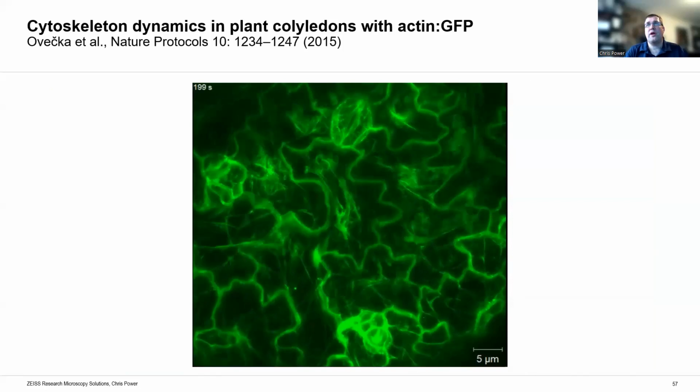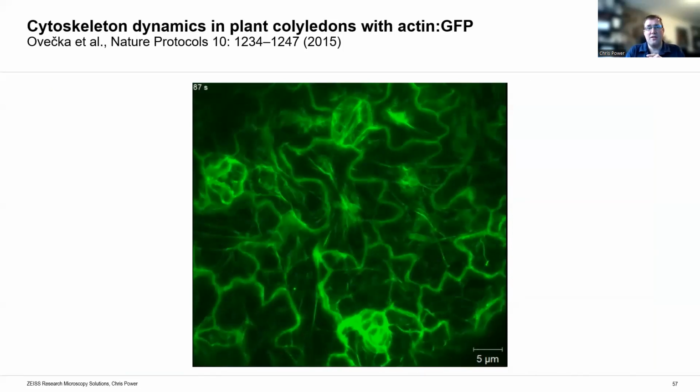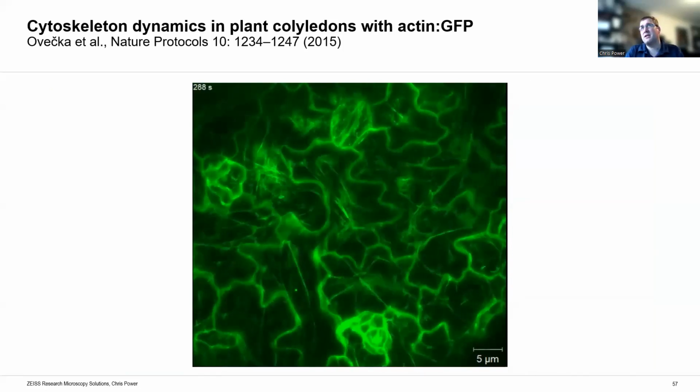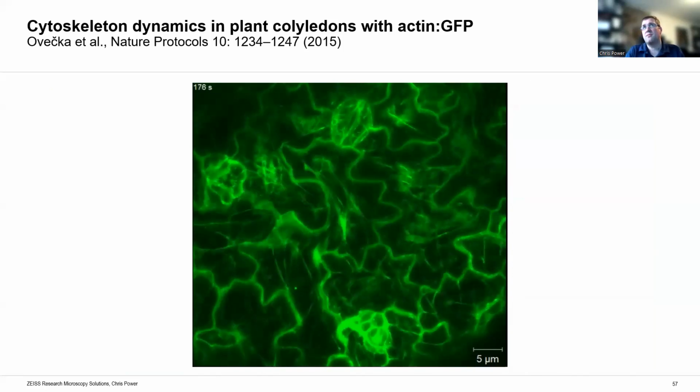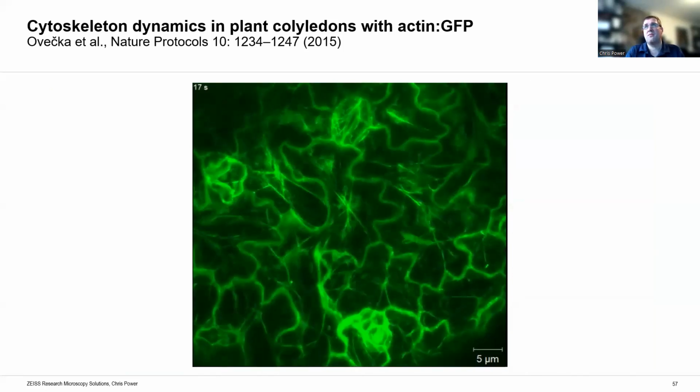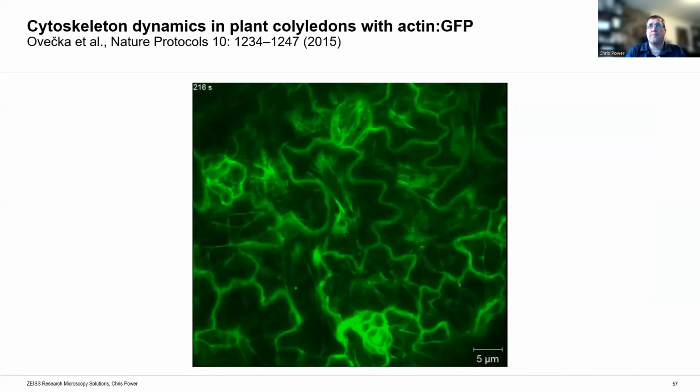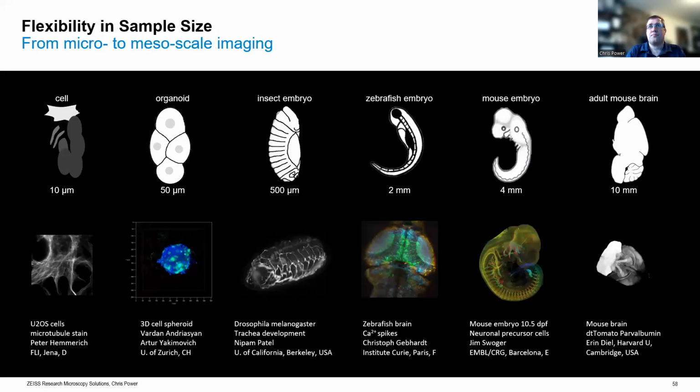Here you see very quick movement inside. I think this is the cytoskeleton within a plant. And yet really a range of organisms. The resolution isn't great for individual cell work. Here you're better with a confocal, but for bigger samples, it became very popular.